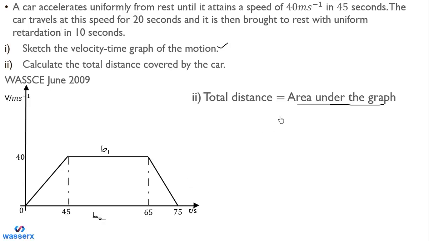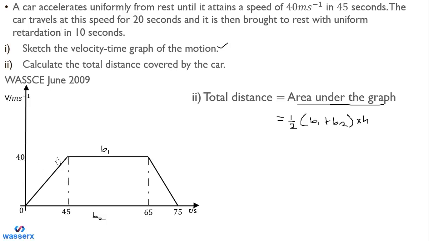So we add the bases, half it, and multiply it by the perpendicular height. So area of trapezoid is equal to half times the sum of the bases, b1 plus b2, times the perpendicular height.